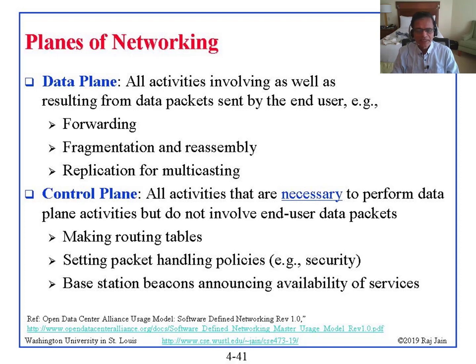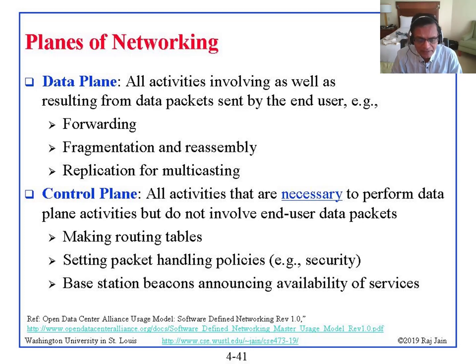The data plane is forwarding, fragmentation and reassembly, and replication for multicasting. If you were to send a packet to many people, you would make copies of it along the routers, and that is all part of the data plane, because they all have user bits in them.